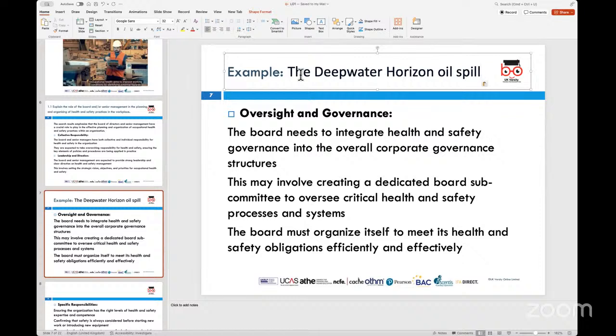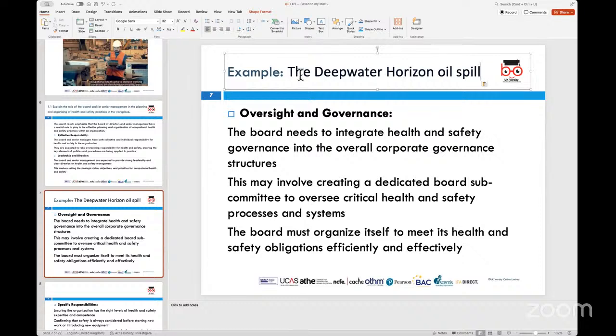It led to the death of a number of workers on the platform, and then later on ensued an oil spill within that region, which cost BP billions of pounds in terms of cleanup, in terms of compensation to local businesses, fisheries, and obviously the cleanup operation.